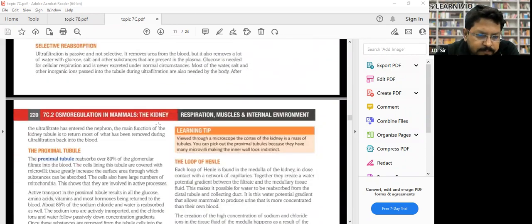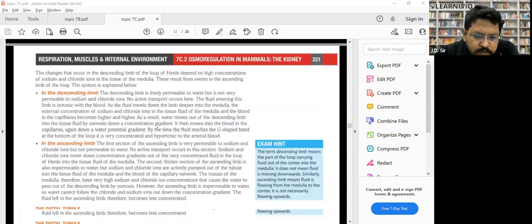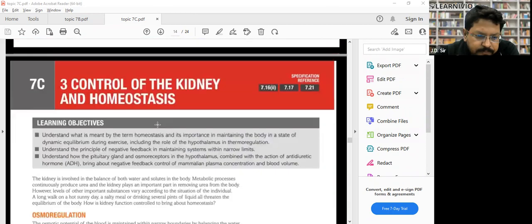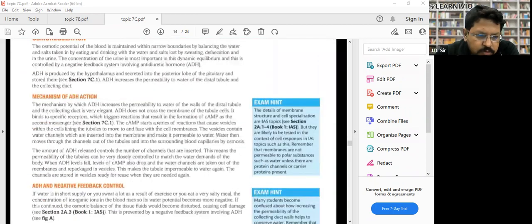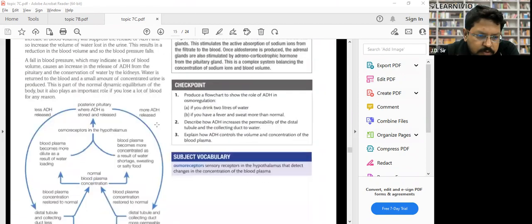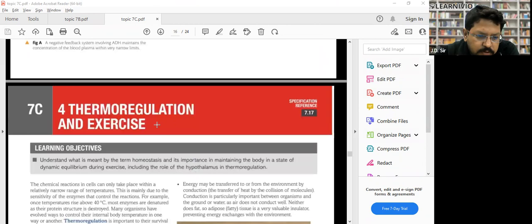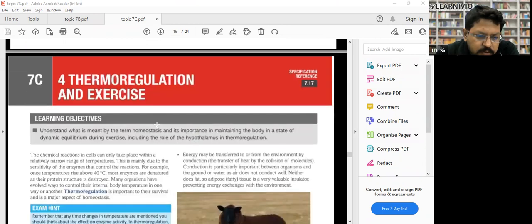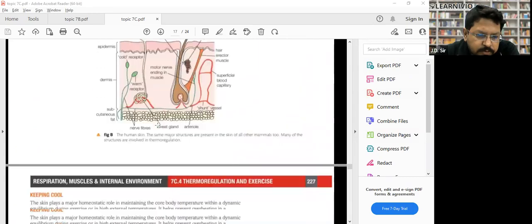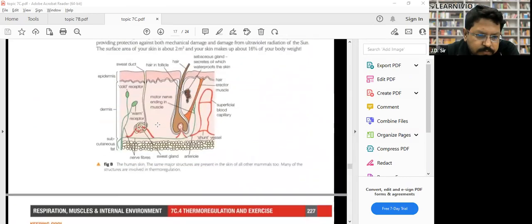Nephron activity. How the kidney is controlled. Thermoregulation. How the heat is preserved.